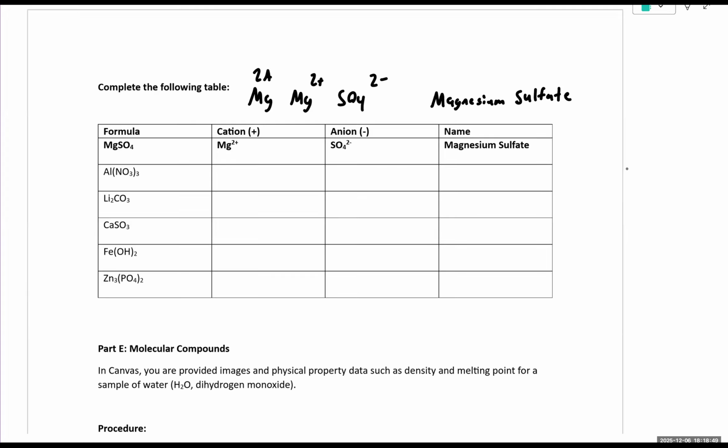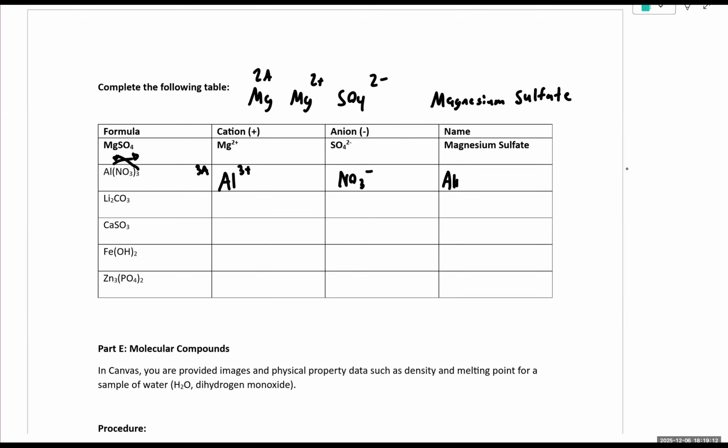Let's look at another example, Al(NO3)3. So aluminum is a 3A element, so we'd expect a 3 plus charge. You can also get that by crossing the subscript up into the charge. So we have a 3 plus charge for aluminum. Nitrate is NO3 minus. This is a named polyatomic ion.